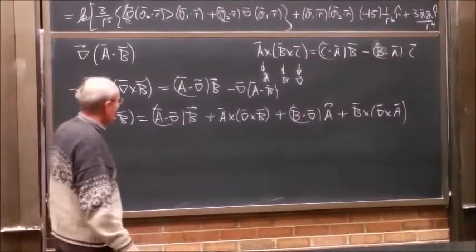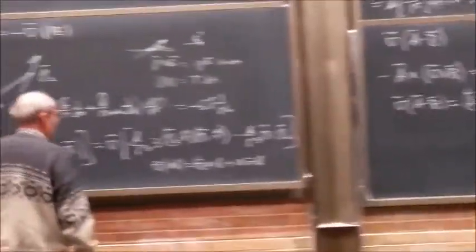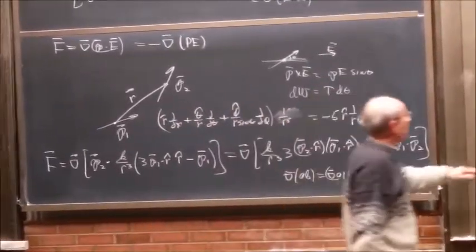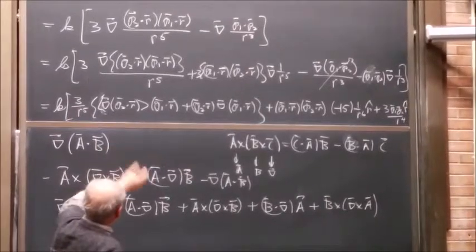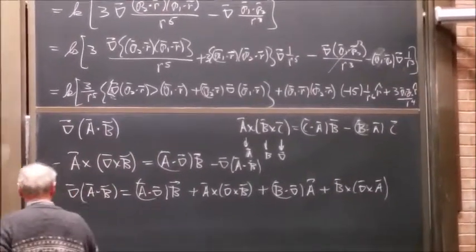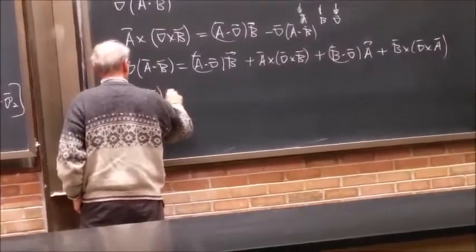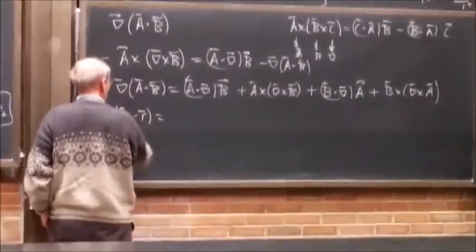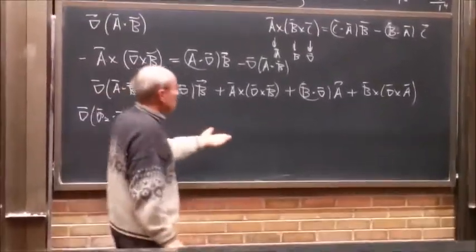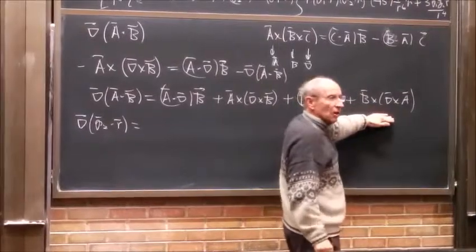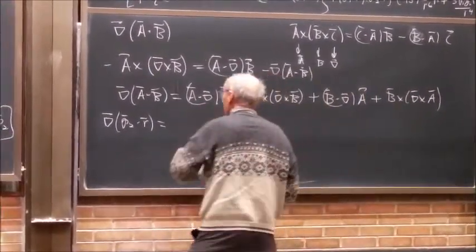Okay. Now, we're interested in the gradient of, say, P2 dot R. So that means the gradient of P2 dot R, take A to be P2, B to be R. The derivatives of P2 are 0, so these terms are gone, because P2 is a constant. So all we have is this.